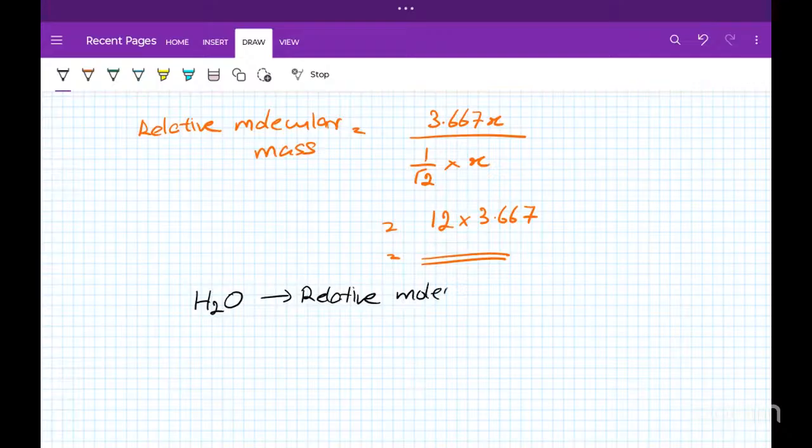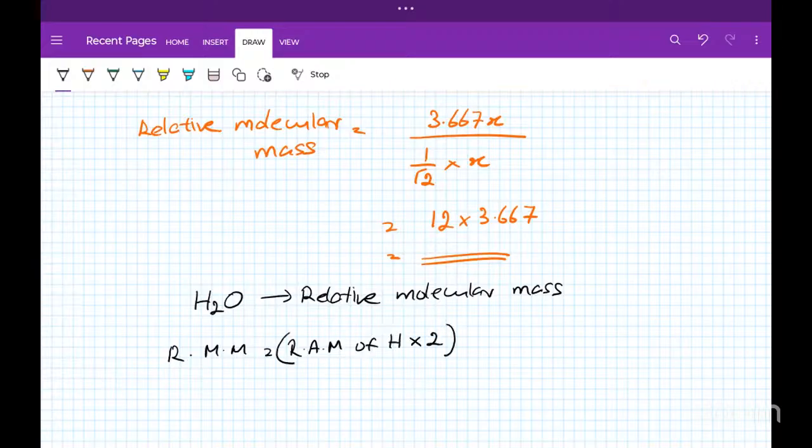You take the relative atomic mass of hydrogen multiplied by the number of atoms, that is 2, plus the relative atomic mass of oxygen multiplied by 1.